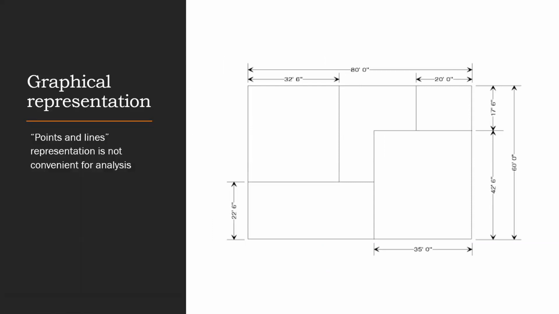Okay? So for example, this one. So when we're doing graphical representation, so points and lines representation may not be convenient on our analysis. Di ba pag analyze naman tayo, ito, halimbawa, titingnan mo yung area na to. Para sa atin, mahirap mag-compare. Unlike if area yung given.